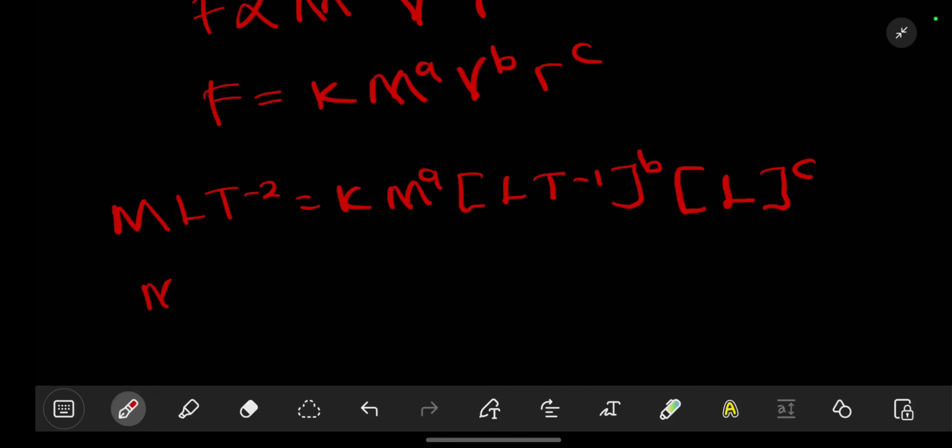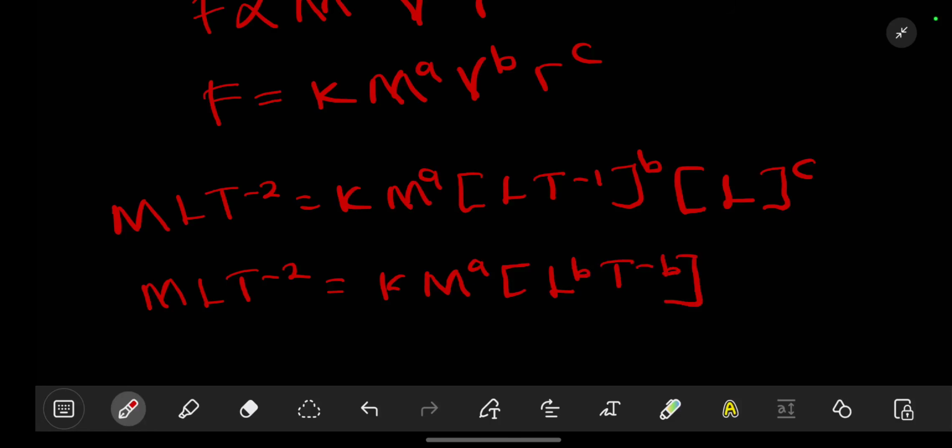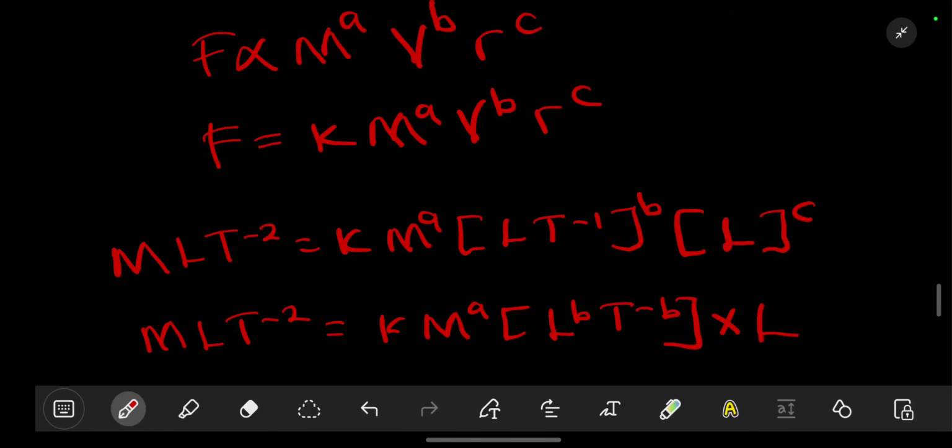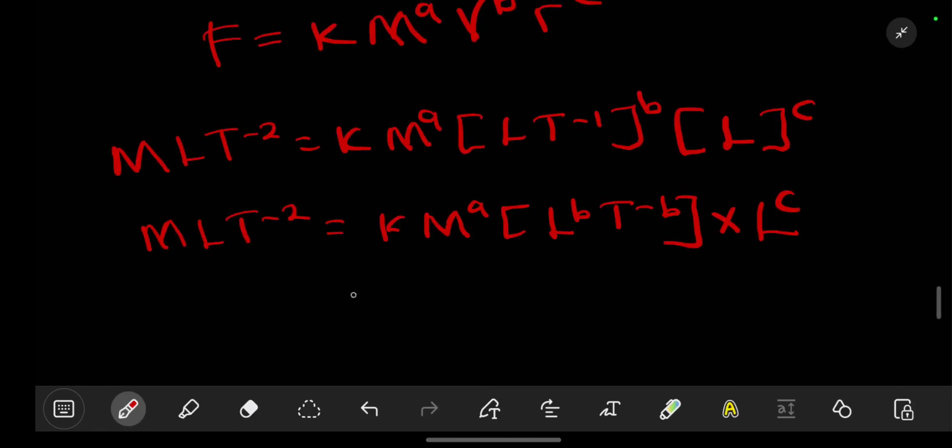With this we can do M L t raised to the power negative 2 should be equal to K, then we have M to the power of A. Then this B can be distributed, so we have L to the power B, t to the power negative B, like that. Then times L to the power of C. Does anything else rely on mass?